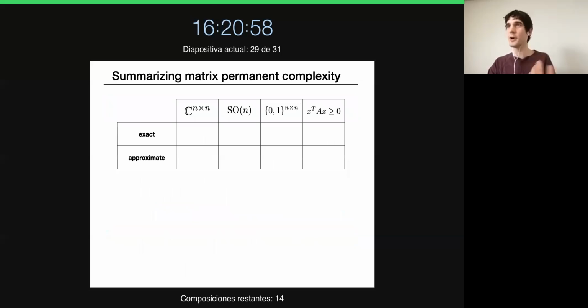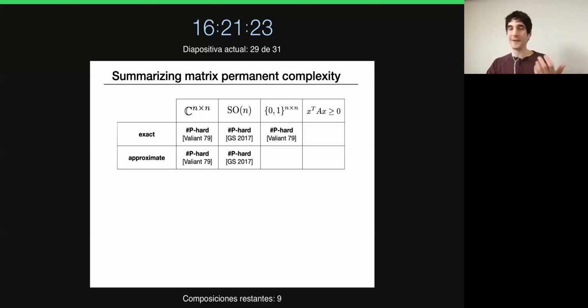And so I just want to conclude with a description of the landscape of permanent complexity here. The first result we saw was that computing the permanent of an arbitrary complex matrix is Sharp-P hard by Valiant's theorem. And then we saw that giving a multiplicative approximation is still Sharp-P hard. The same thing goes for orthogonal matrices, which we described earlier in this talk.